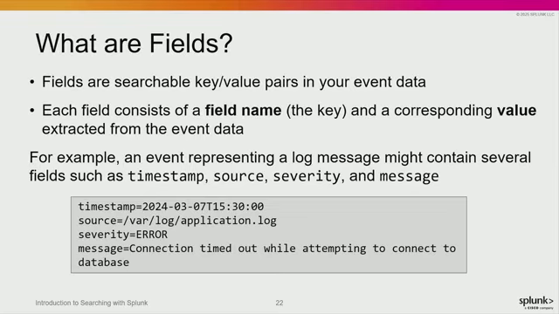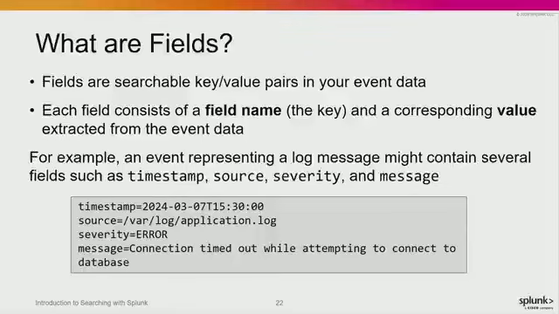So the value might change depending on the event, but we can see what our different values look like for this severity field. Similarly, we have a message field, and the value again might change depending on the context of the event. In this case, we can see our connection timed out while attempting to connect to our database.